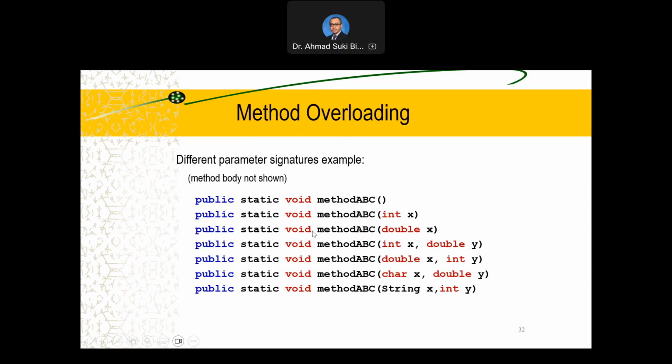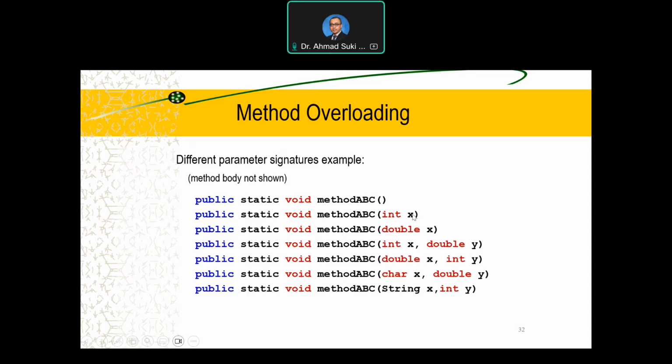The third example is another method. You create another method with the same name, but in the bracket, you use double. So this is still also called method overloading.